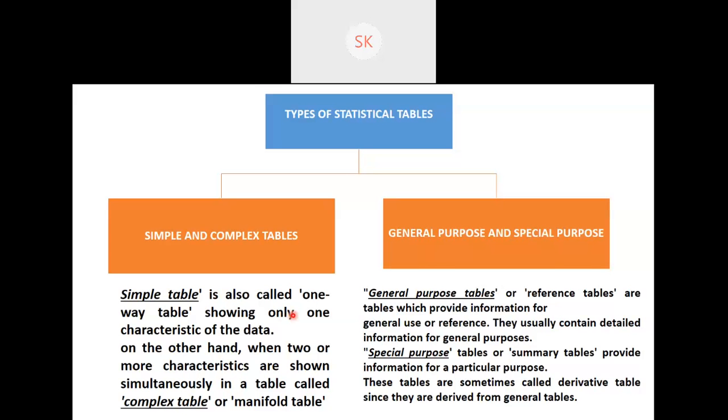First column will be the names, then the second column more than 60%, how many of them, more than 70%, how many, more than 90%, how many. So here I'm taking more than one characteristic and preparing a table. So that is called a complex table or manifold table. Remember the other names of the tables also. First one is simple table or one-way table.